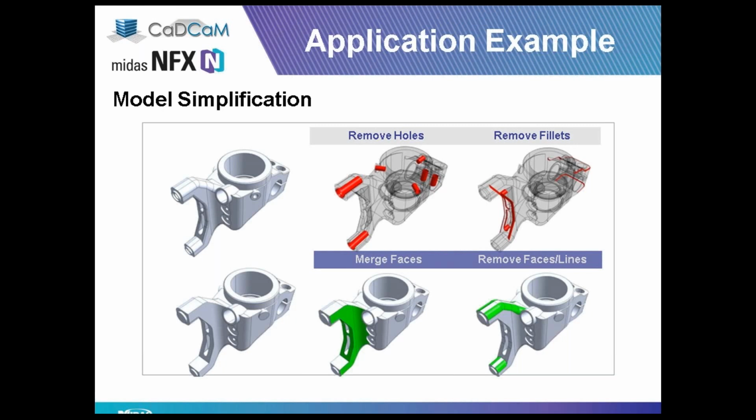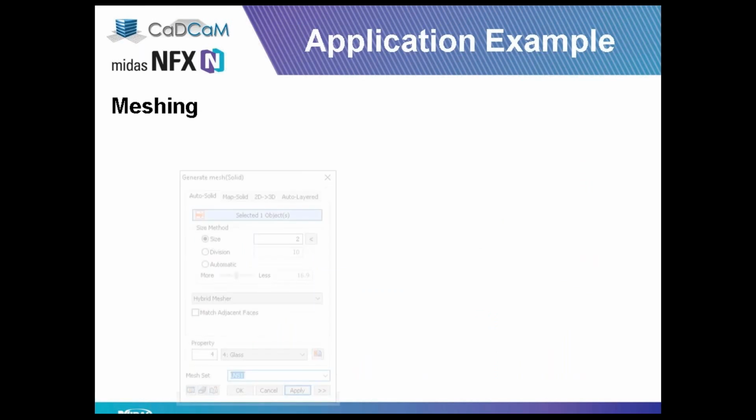In order to do that, the outcome will be a very simple model by removing holes, removing fillets, merging surfaces, and removing small faces and lines. This will give us the opportunity to get a very high quality mesh. Let's see that afterward in the meshing paragraph.